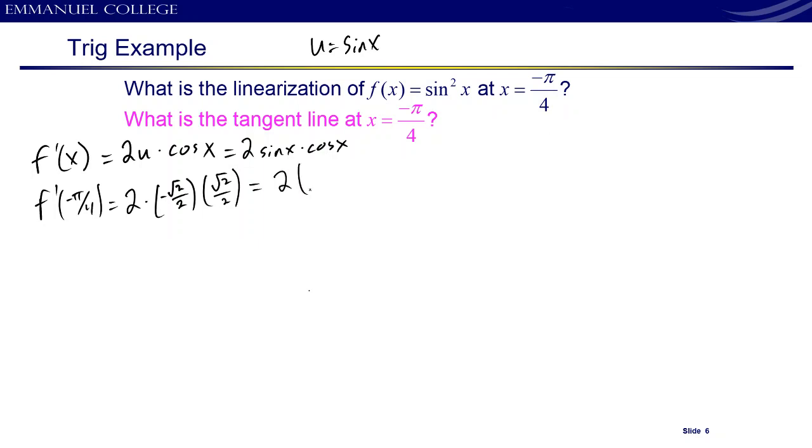So this is going to be 2 times negative 2 over 4, which is just negative 1. So our slope is negative 1.